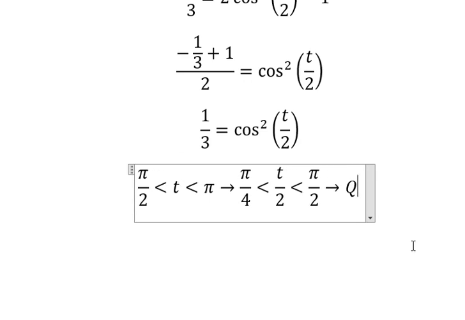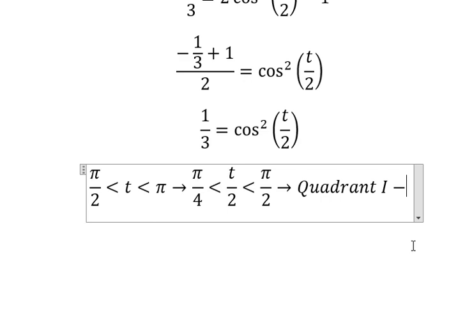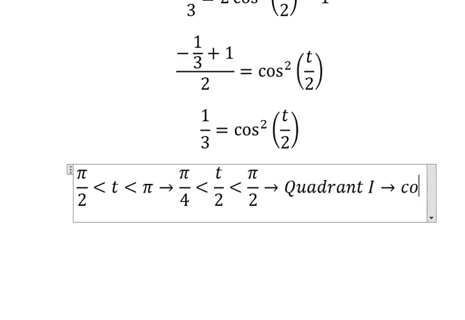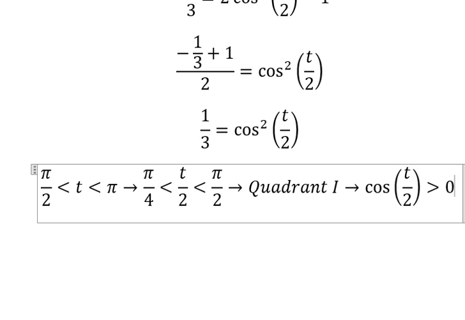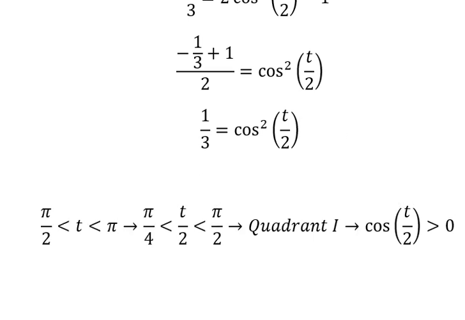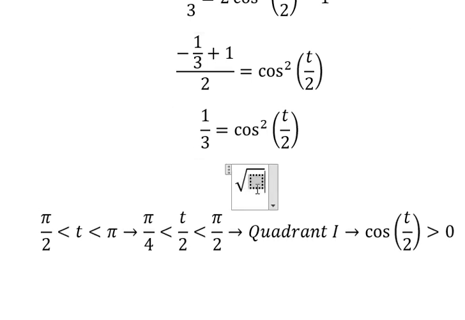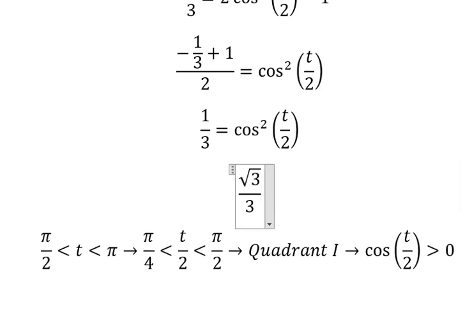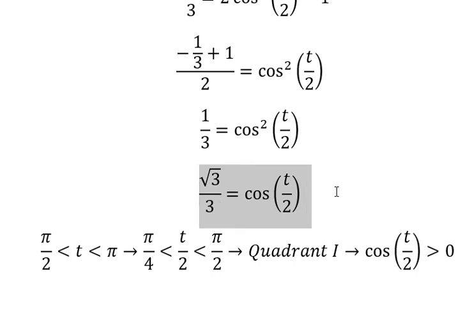This is quadrant number 1. Because this is quadrant number 1, cosine of t over 2 should be a positive number. And now we put the square root for both sides. And we have the square root of 3 over 3 equal to cosine of t over 2. And this is the answer for the next one.